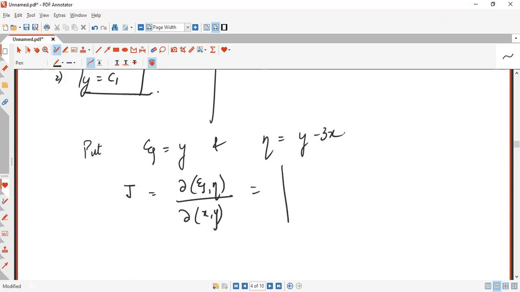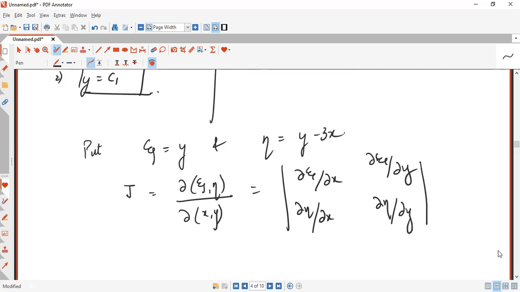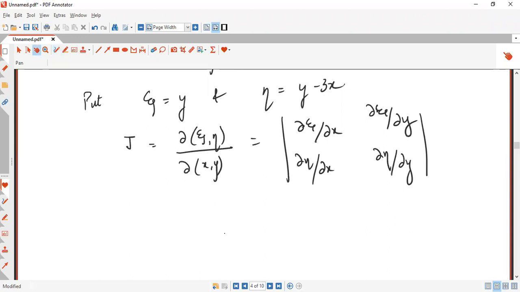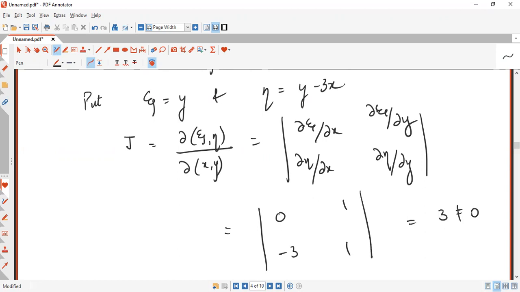That means differentiate xi with respect to x, xi with respect to y, eta with respect to x, and eta with respect to y. So what we are going to get is this: 0, 1, minus 3, 1, 1, 0. Okay.